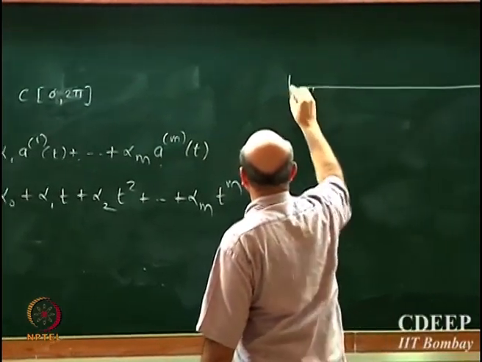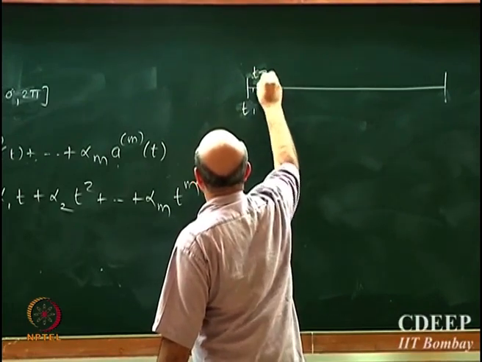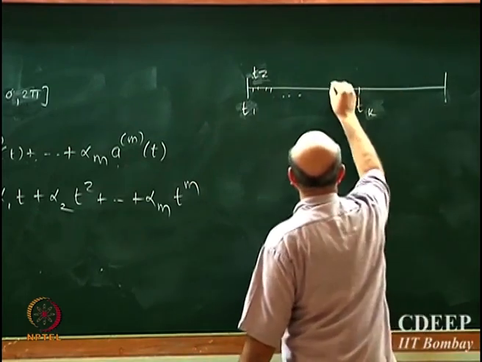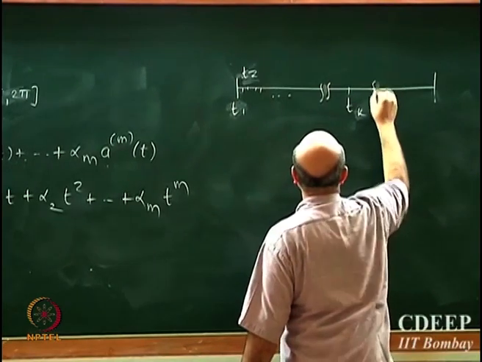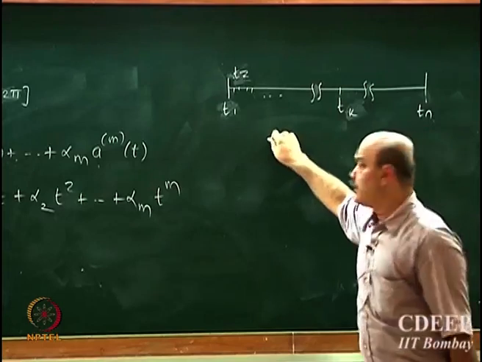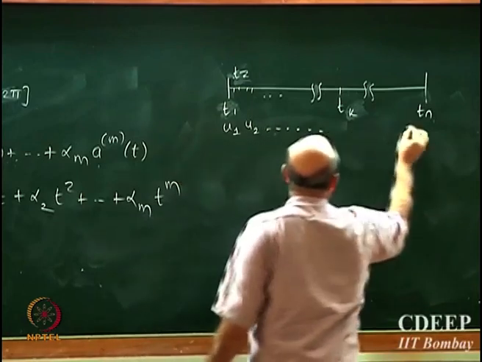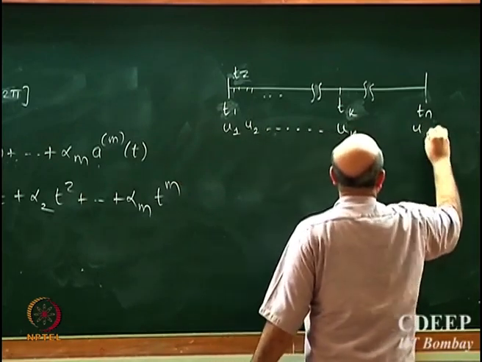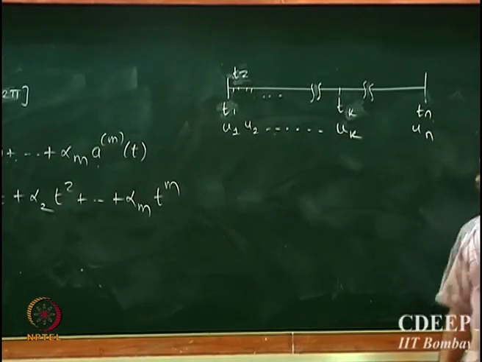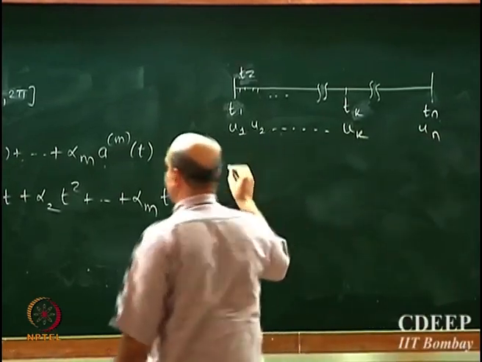You just know function values at different points, t1, t2, and so on, tk, and in general you know the value of this function at several points. So these values will be u1, u2, uk, un.